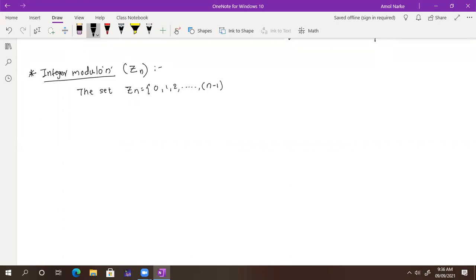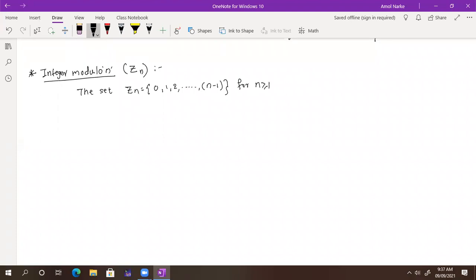Whatever n we have is an integer. How many total elements do we have in that group? 0 is also there. What is the cardinality of Zn? It is n, where n is greater than or equal to 1.